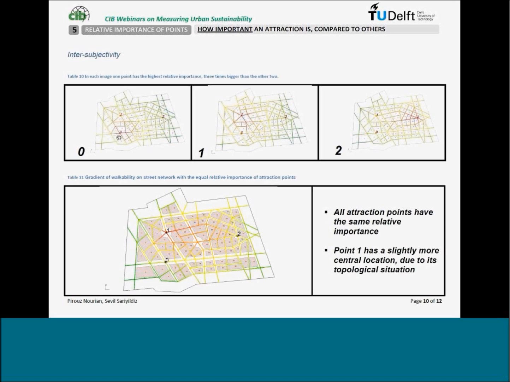For instance, in this case, point number 0 has the greatest weight of importance. Here, point number 1 has the most importance, and here, point number 2. And these weights can be easily changed by the user, of course, and that brings about interactivity in this measurement.